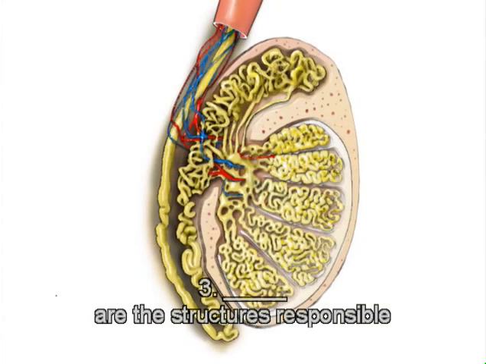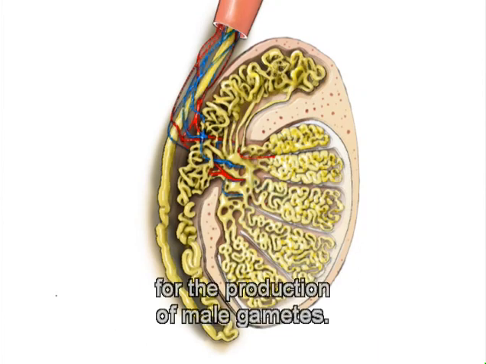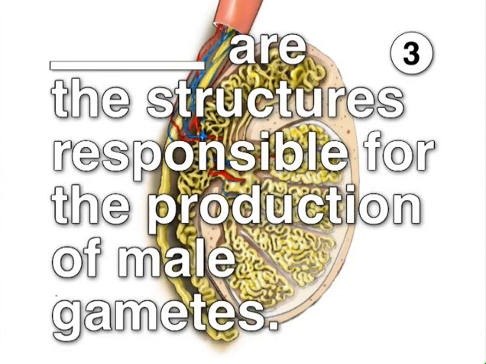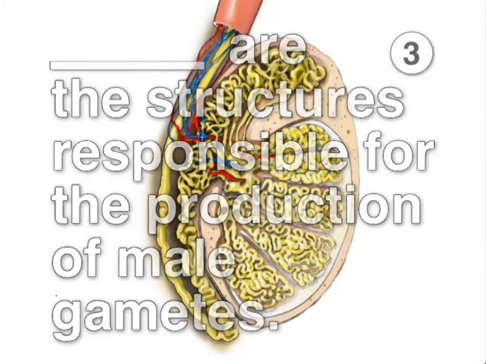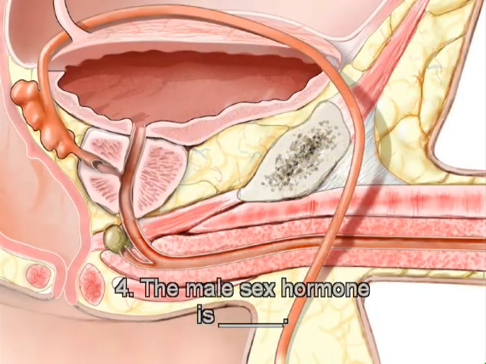Number 3. ___ are the structures responsible for the production of male gametes. Number 4. The male sex hormone is ___.